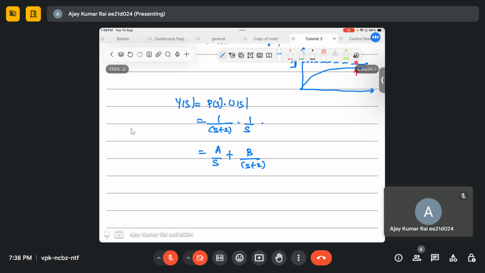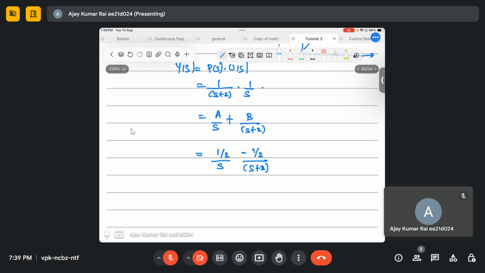To find the coefficient a, multiply both sides by s and put s equal to 0. If you do that, you'll get 1 by 2, so 1 by 2s. Similarly for b, you will get minus 1 by 2 over s plus 2. I hope I am correct. Please check. So I'm getting this.